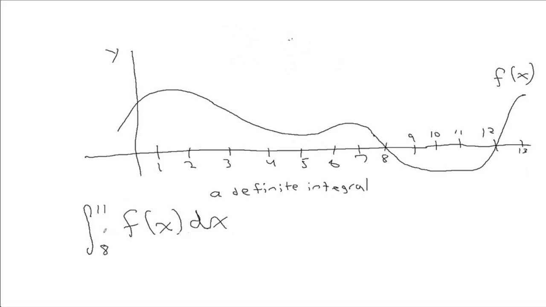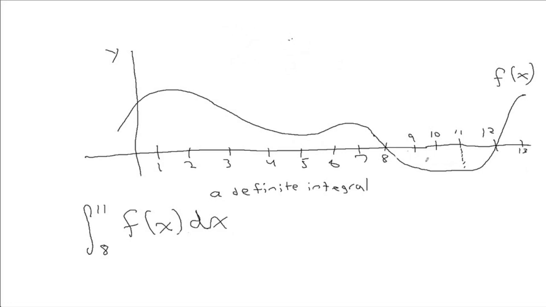Now, what would this be? Well, this is a little bit different because, obviously, it's this area. However, when the curve is underneath the x-axis, the area is interpreted as a negative number.